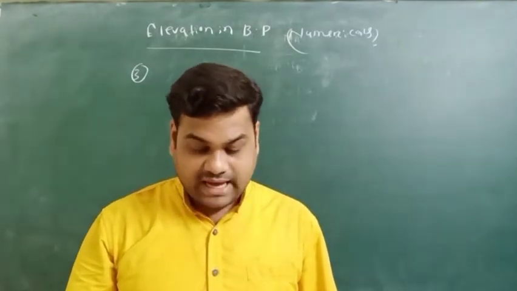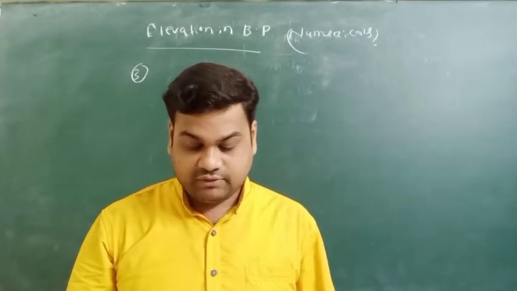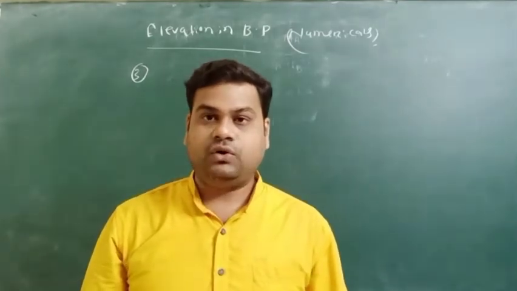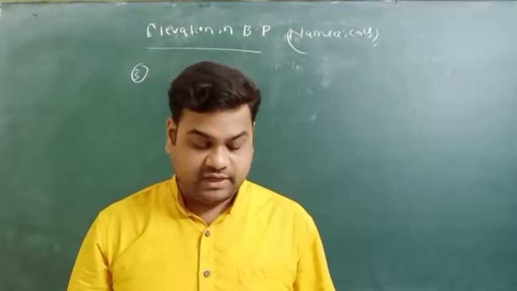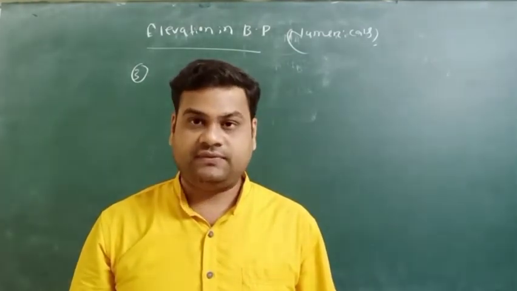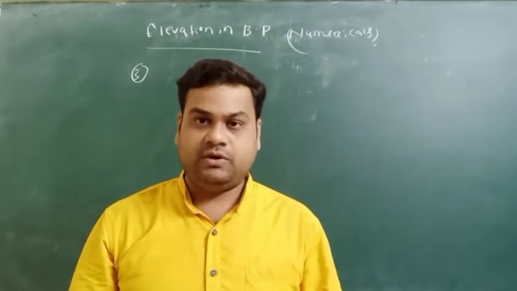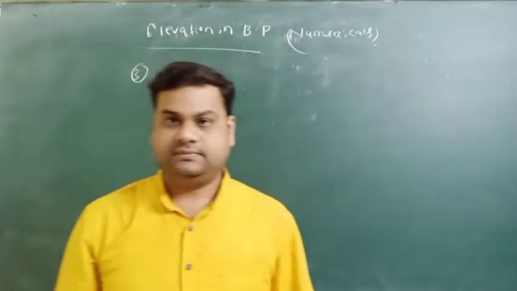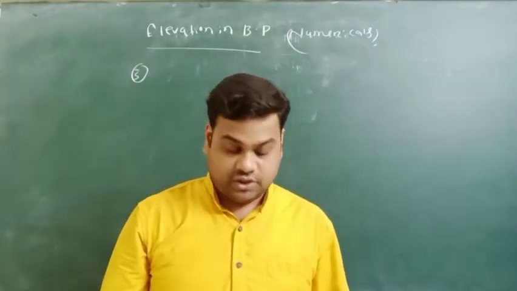So what is the molality of the solution? We have to calculate the molality, m. We know that del Tb equals Kb m. Del Tb, the elevation in boiling point, is equal to the product of the ebullioscopic constant and the molality. Okay, molality of the solution.